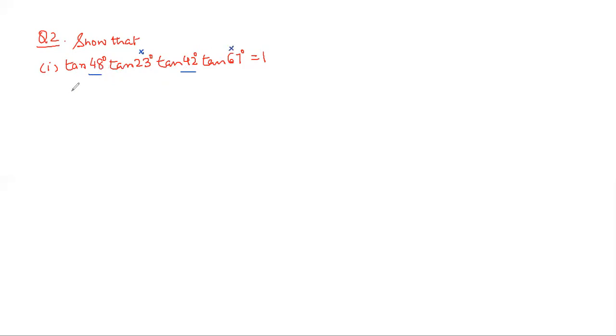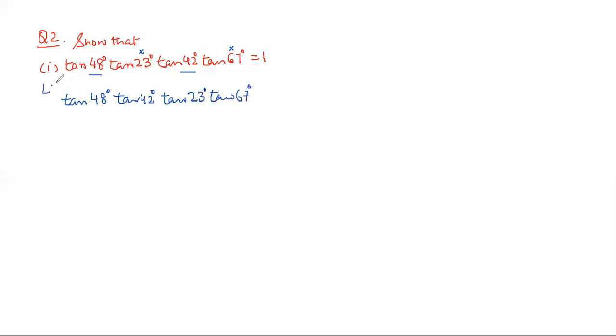As you know, in multiplication there is no effect of changing the order. So I can write tan 48 degrees, then I'll write tan 42 degrees, and the reason is these two are having complementary angles attached to them. Then this is tan 67 degrees.